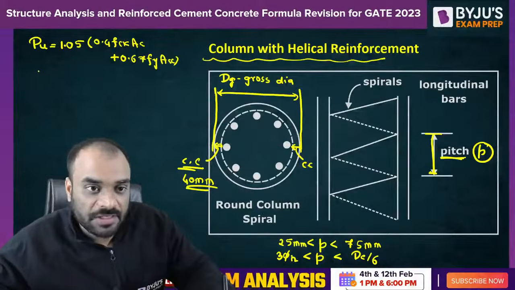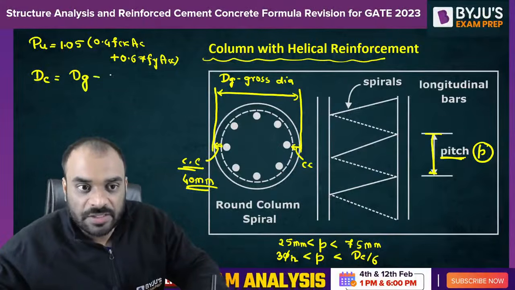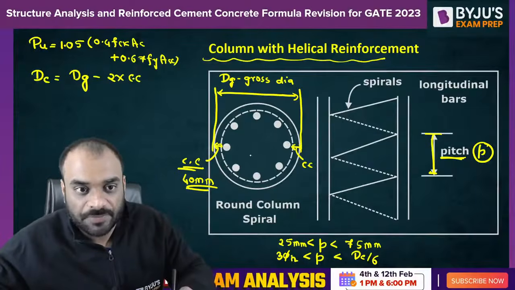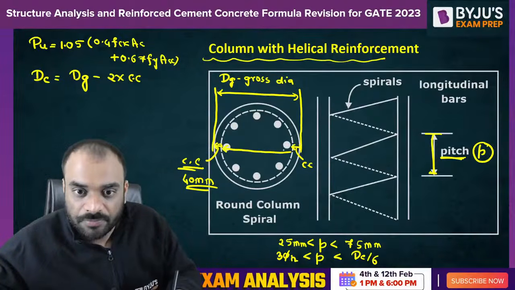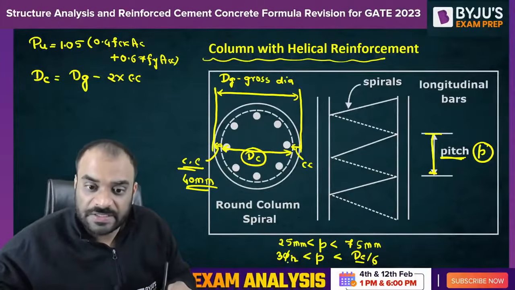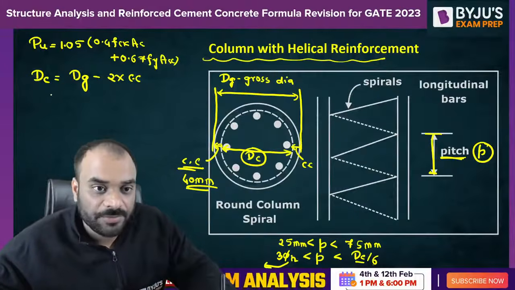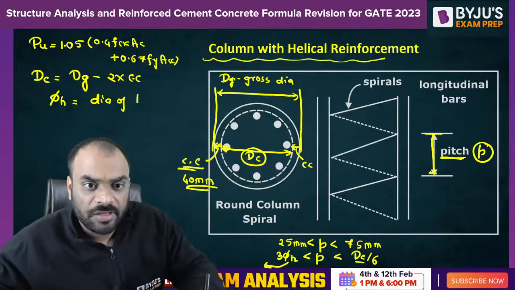So after considering 40 mm, we are able to calculate the dia of core, which is basically DG minus 2 times clear cover, right? So this should be our core dia. So core dia divided by 6, right? And this is our dia of helical reinforcement, phi H.